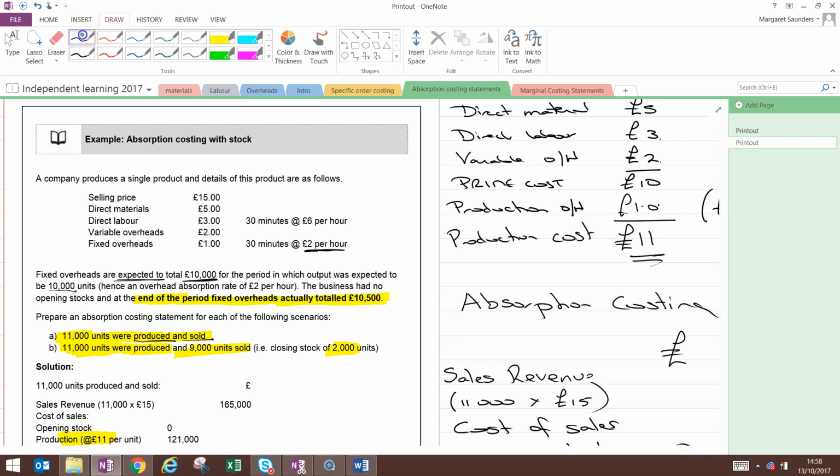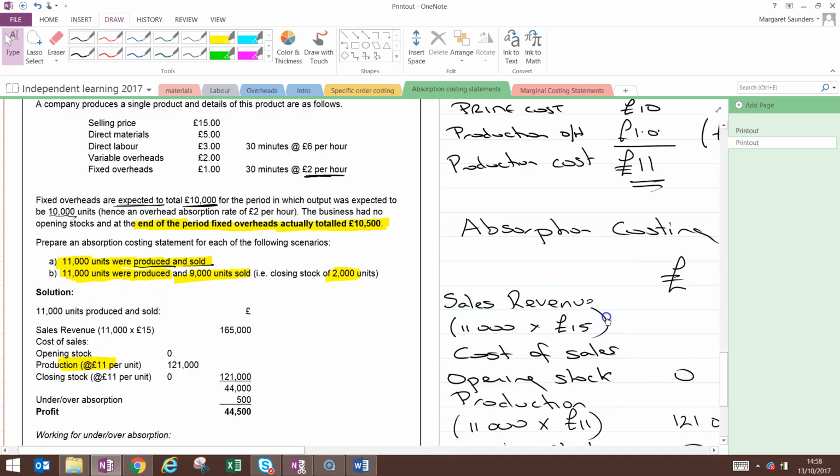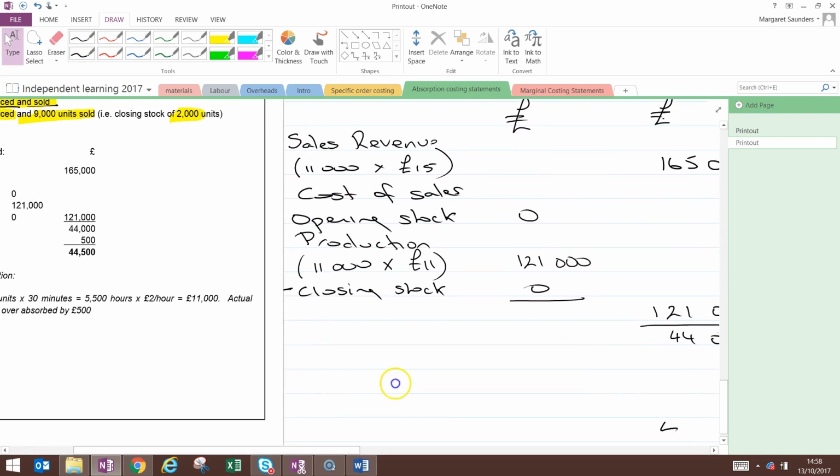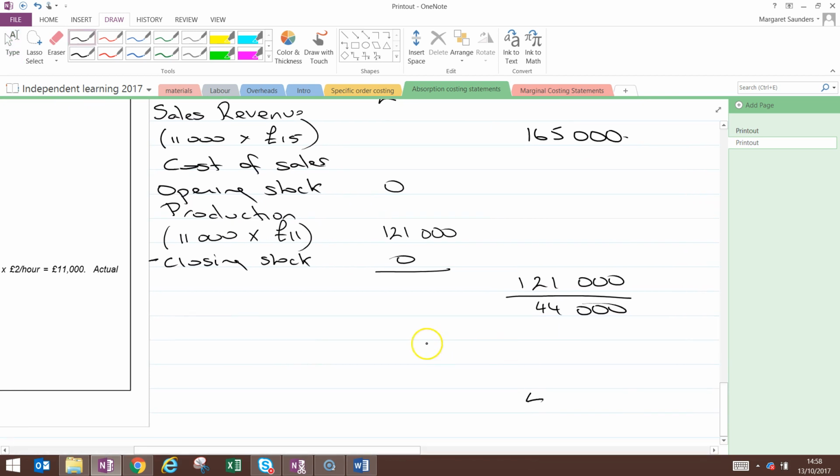by £500. So we put an adjustment at the bottom of our statement, over absorption, £500. So that is the £11,000 that we've absorbed minus £10,500, which was the actual overheads.